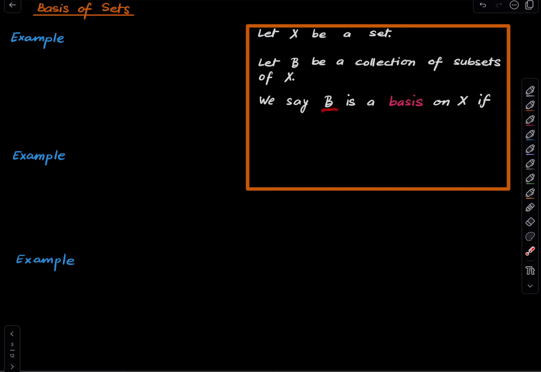So we say B is a basis on X if two things hold. First, the union of all the sets in script B is the entire set X. And second, one is a little interesting.